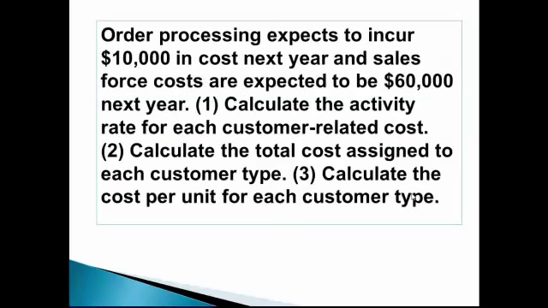Order processing expects to incur $10,000 in cost next year, and sales force costs are expected to be $60,000 next year. We're going to do 3 things: calculate the activity rate for each customer-related cost, calculate the total cost assigned to each customer type, and calculate the cost per unit for each customer type. So you do need to identify first, what activity rates are we talking about?